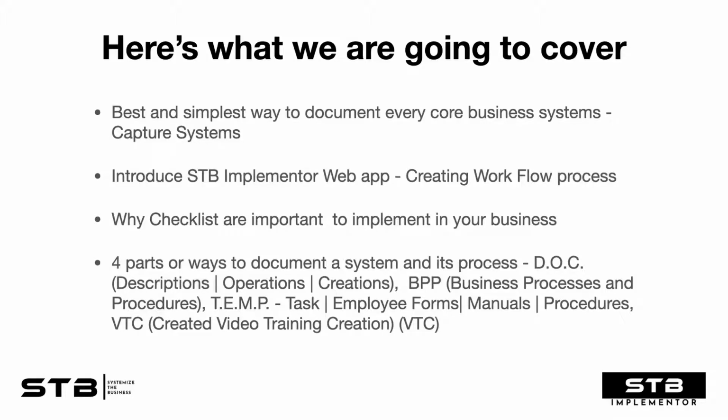And then the 4 ways to document a system and its process are the acronyms DOC, descriptions, operations, and creation. Then you have your BPP, which is your business processes and procedures, your TEMP, which is your tasks, employee forms, manuals, and procedures, and then VTC is video training creation.